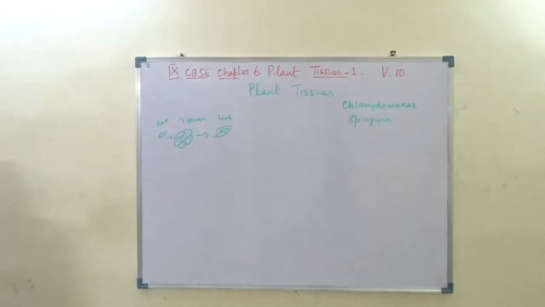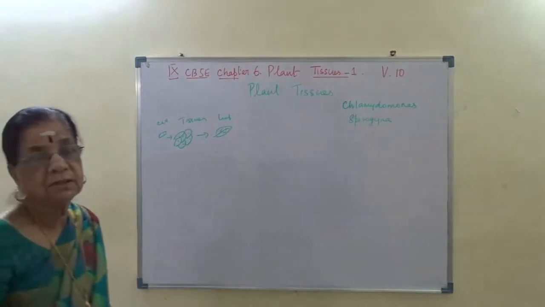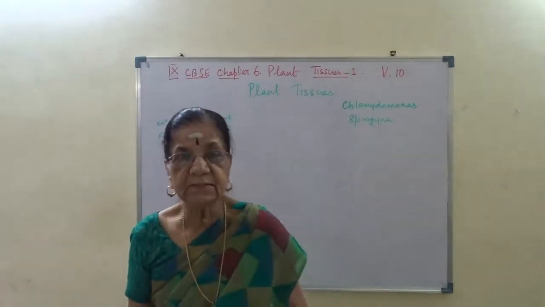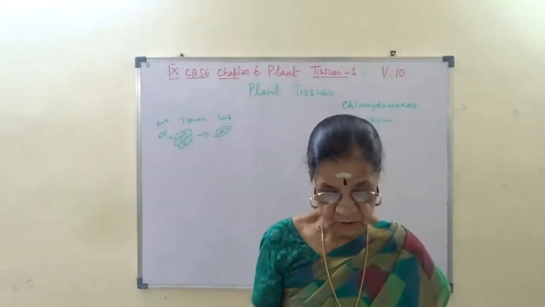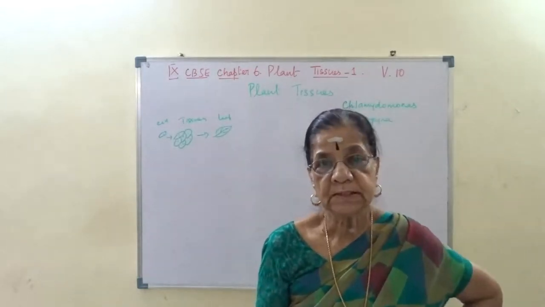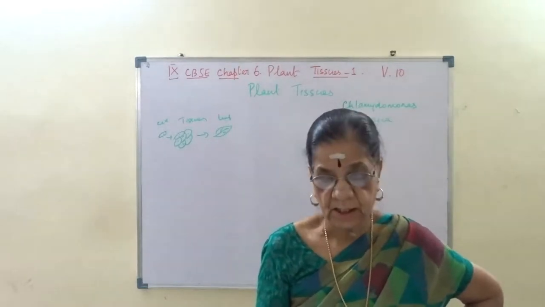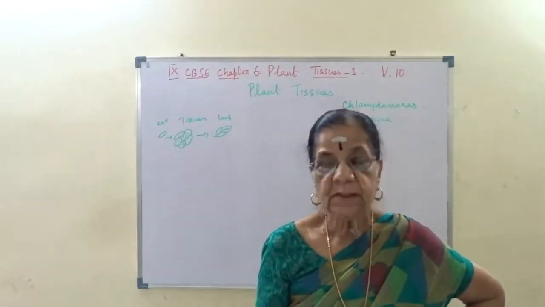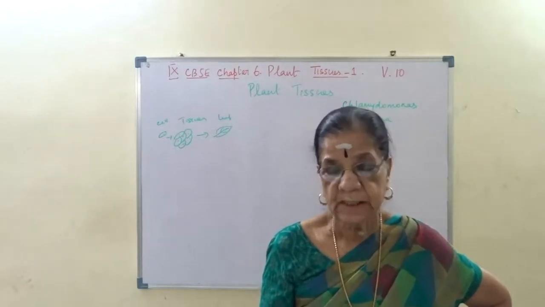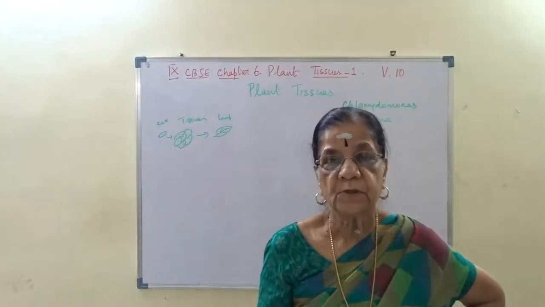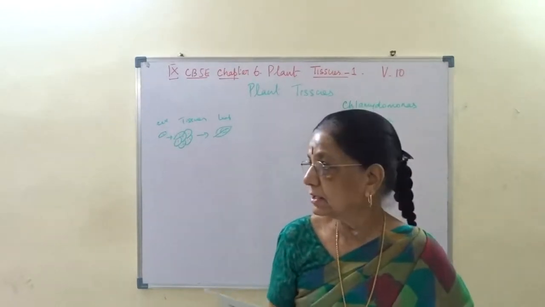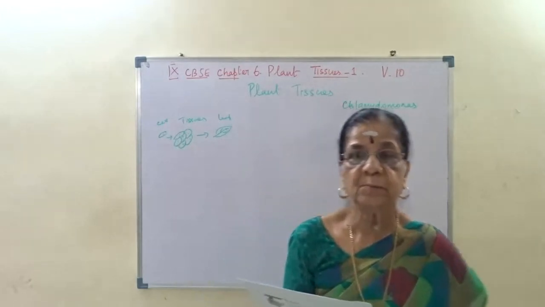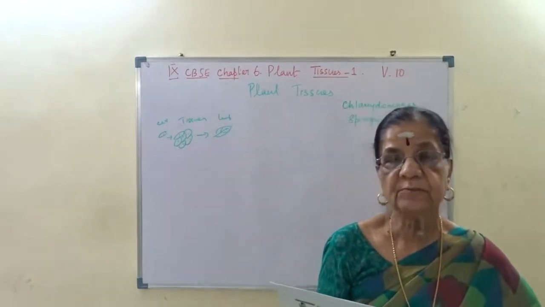Just to recollect, as I said for unicellular organisms like amoeba as an animal, in plants also unicellular organisms are present. In unicellular organisms, a single cell performs all basic functions.